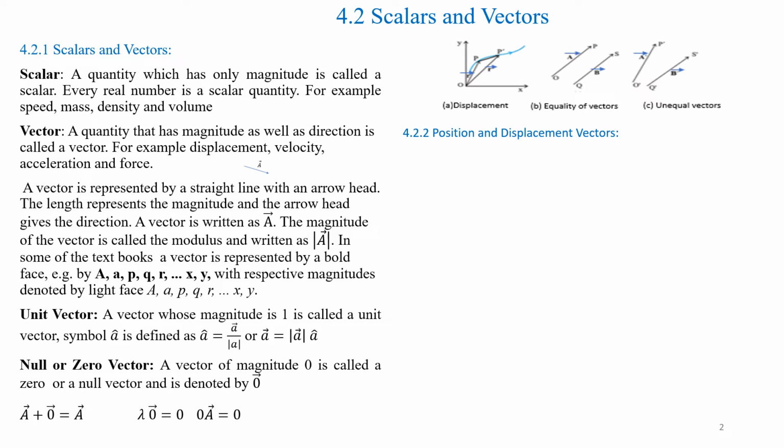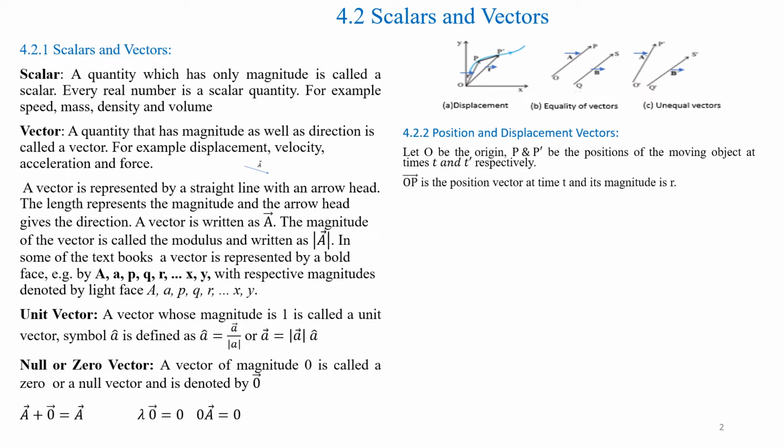Position and displacement vectors. Please see the figure where displacement is shown. P is a position. OP is a position vector. Let O be the origin. P and P dash be the positions at times t and t dash.